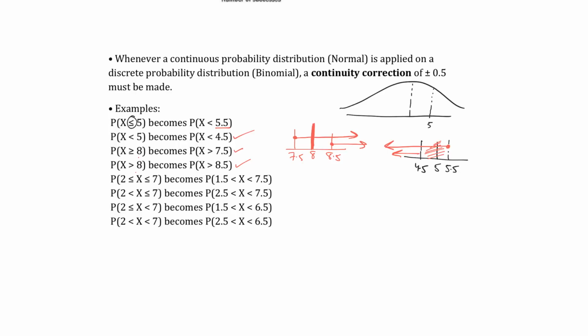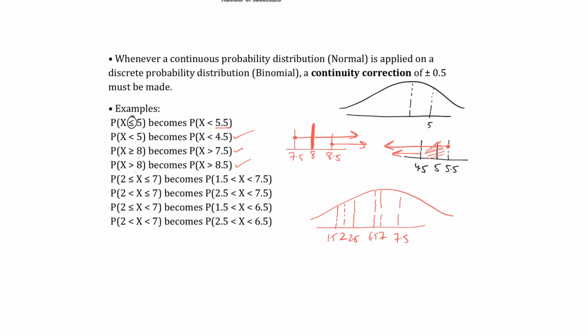Okay, now if you have probability of x greater than or equal to 2 and less than or equal to 7. So the boundary for 2 would be 1.5 and 2.5, and the boundary for 7 would be 6.5 and 7.5.